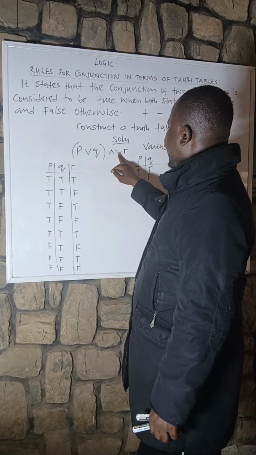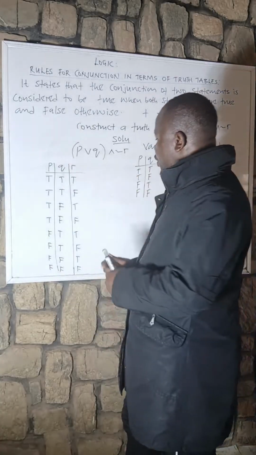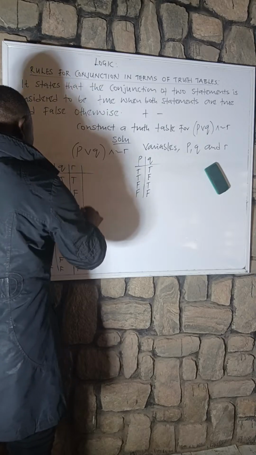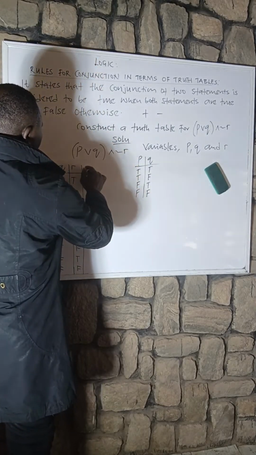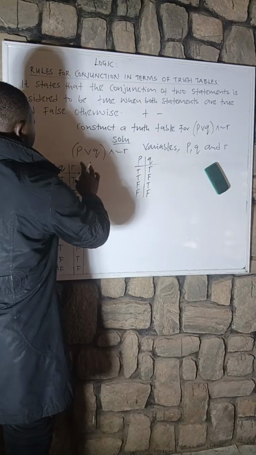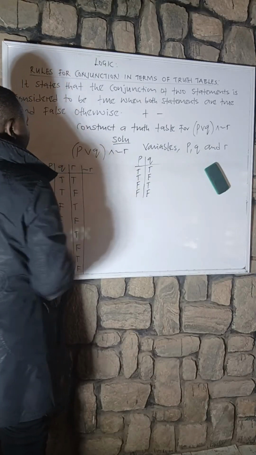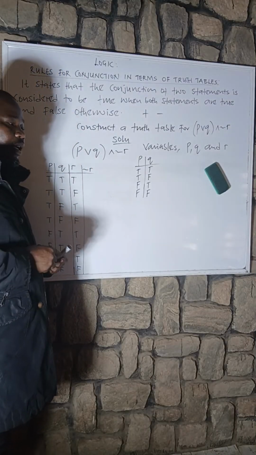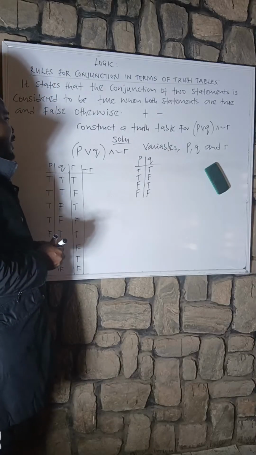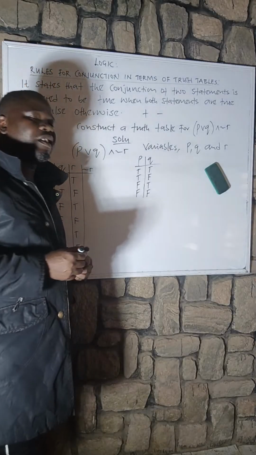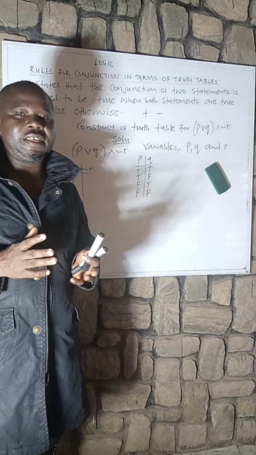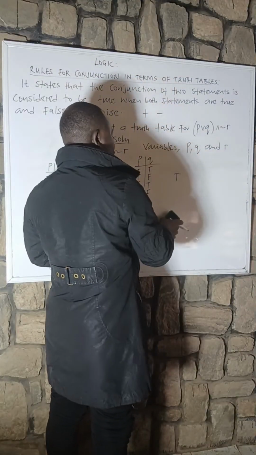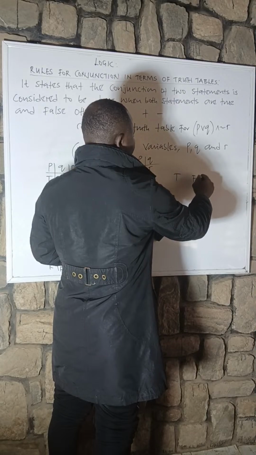So here we have negation R. Let us proceed further to consider negation R. I explained negation in the beginning of the class. I said negation means the opposite of something. When we say true, the opposite is going to be what?